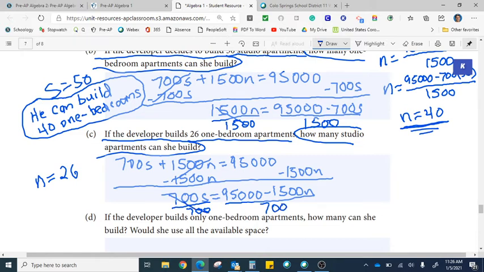Now I'm going to plug it in, and I'm going to say S is going to equal, I'm just going to plug in the numbers. 95,000 minus 1,500 times 26, right? So I plugged in the 26, you see that? Plug the 26 in there. And then all of that I'm going to divide by 700.